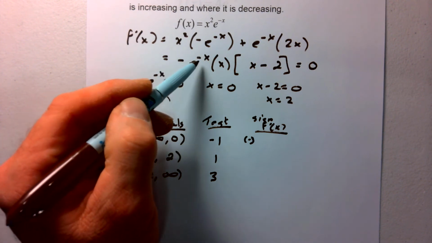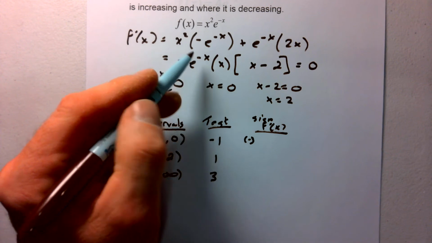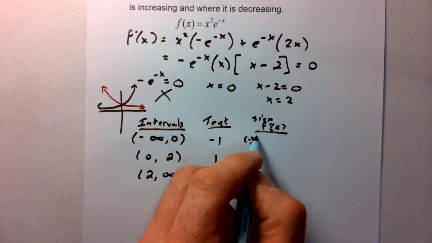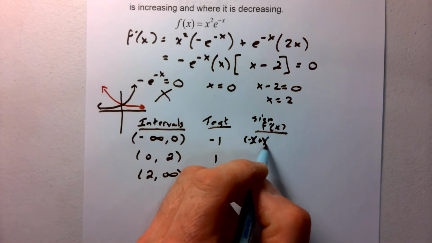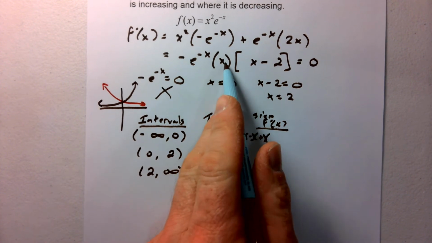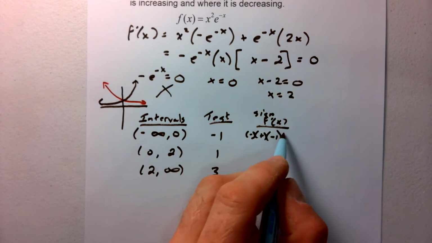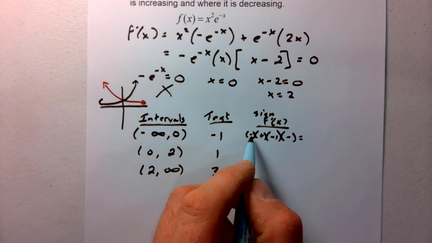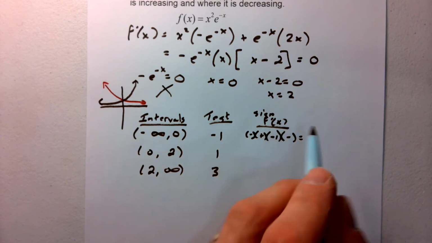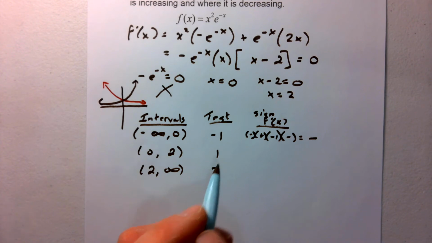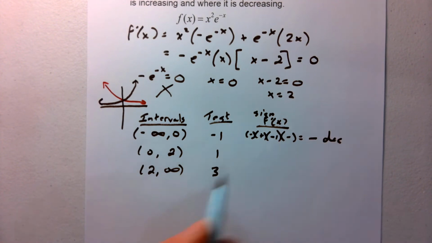This out here will make it negative, but we already have that negative there. So e to the negative x is going to give us a positive. X, well, if I plug in negative 1, I still get negative 1. And then negative 1 minus 2 is going to be a negative as well. So I get a negative times a positive times a negative times a negative, which is a negative. So it tells us we're decreasing.